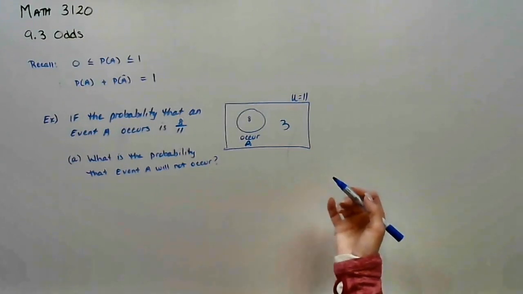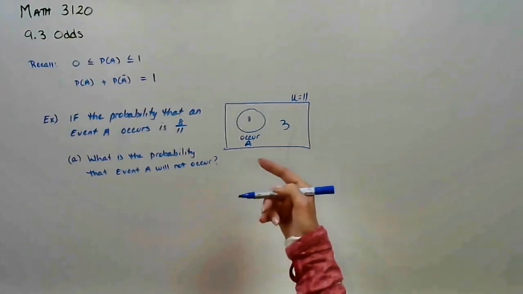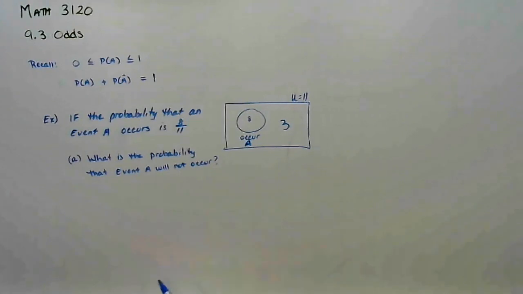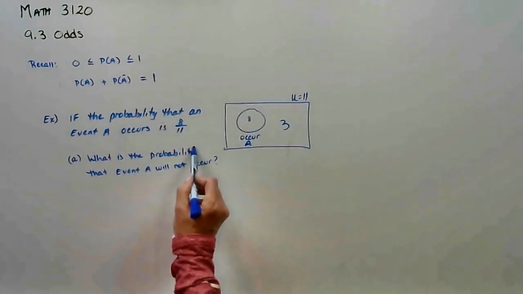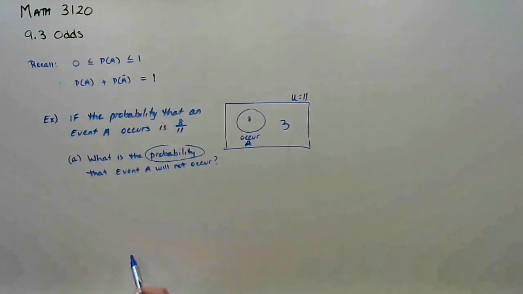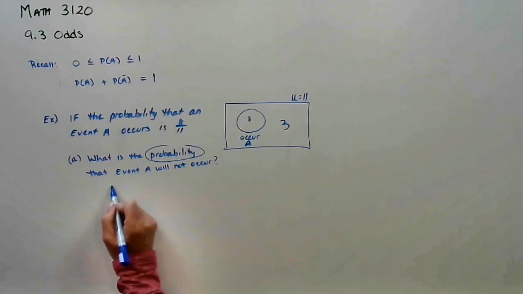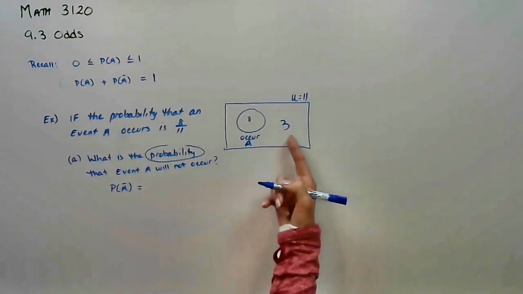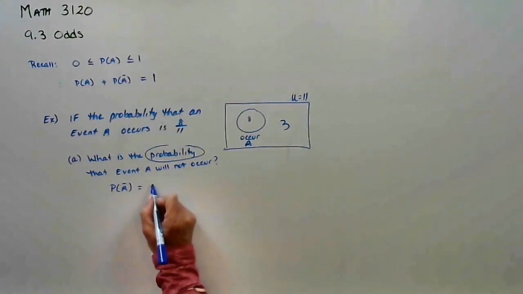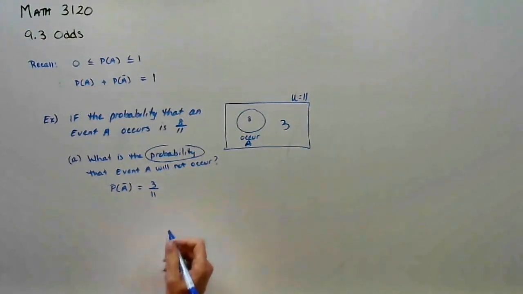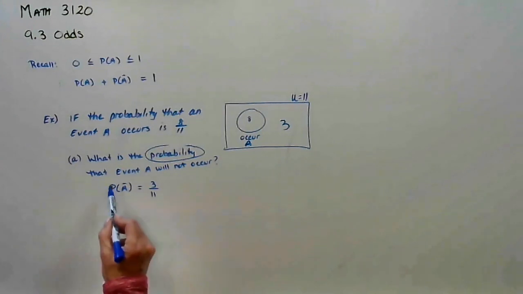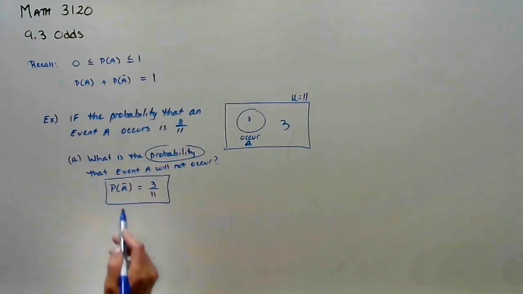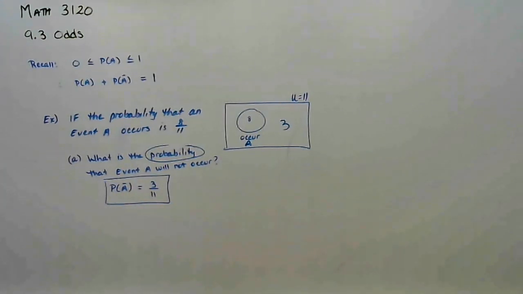So they're in the complement. That's called the complement, anything that's not in that set. So what's the probability? Now remember, probability is always a fraction. What part out of the whole? So the probability that it will not occur would be the probability of the complement. Since there's 3 out of 11 possibility, that would be the probability of it not happening. Probability is a fraction. What part out of the whole?